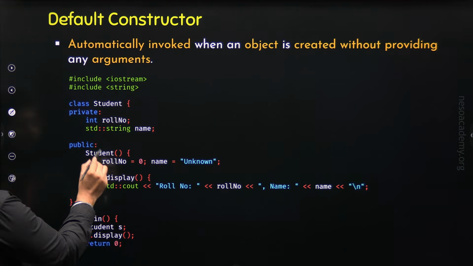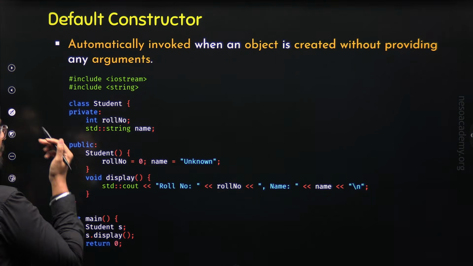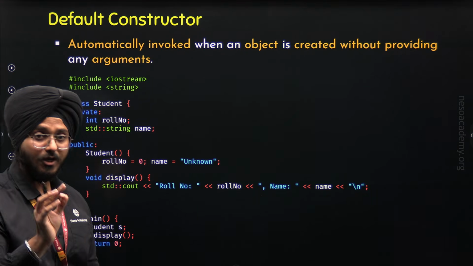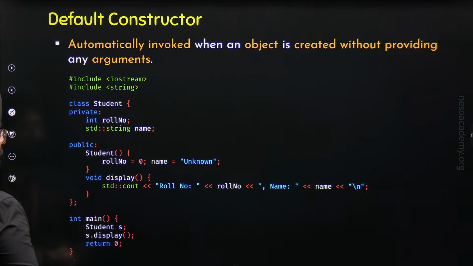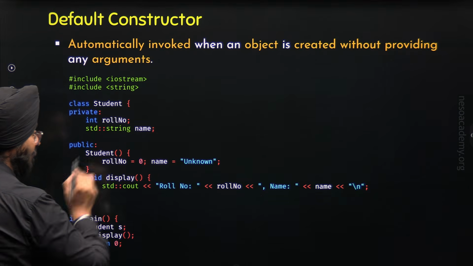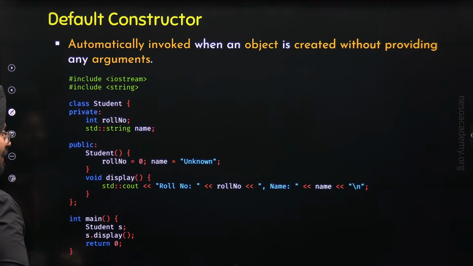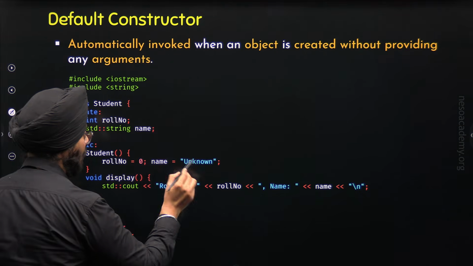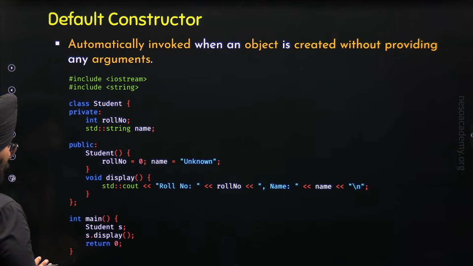And this is the default constructor because it does not accept any arguments because it does not have any parameters. Here you can observe that this default constructor is providing default values to roll number and name. Roll number will receive value 0 and name will receive unknown. I hope this makes sense to you.